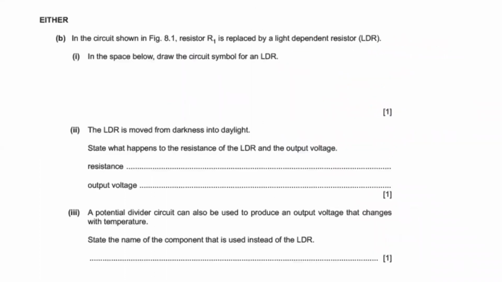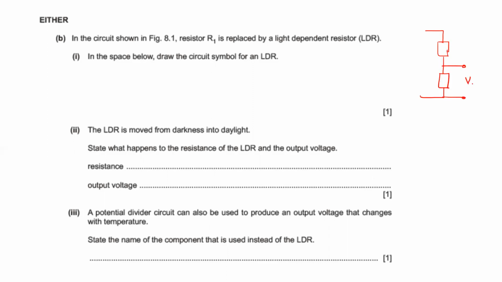Okay. So then there is a choice. Either you have to do this part or this part. In this part, it says that in the circuit shown in figure 8.1, the resistor R1 is replaced by a light dependent resistor. So again, the circuit shown was something like this, say for example, R1, and this one was R2.